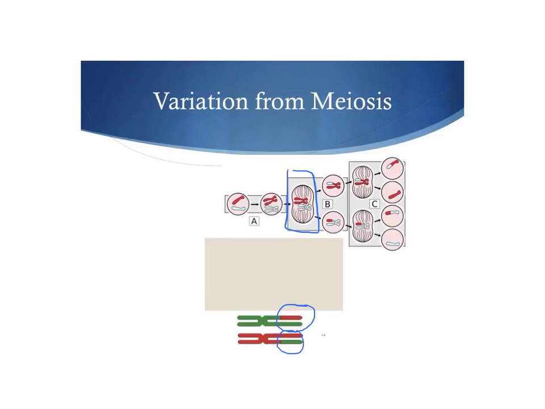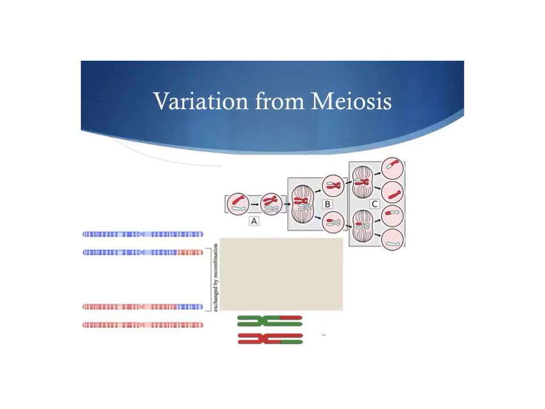Both now carry a recombined sequence of DNA, a new combination of alleles that is very unique to this particular cell. So as you can see here on the left, we have these unique bands that represent the alleles, and those alleles are exchanged. So you have a recombined DNA on all 4 of those sister chromatids.